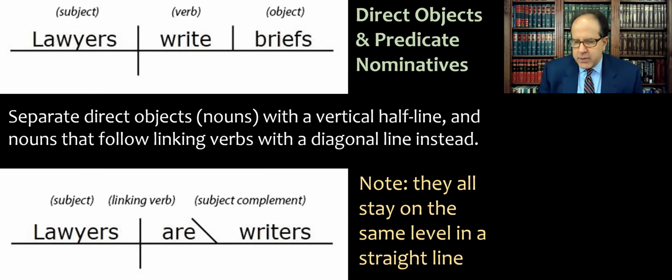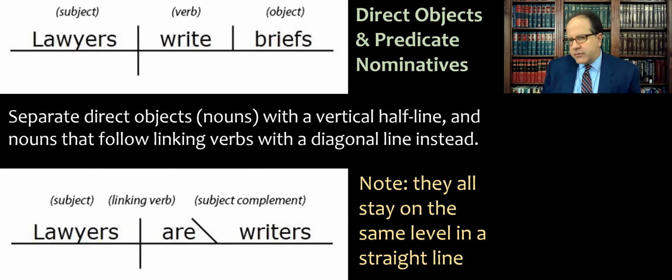Now, sometimes we have things that are not really a separate entity from the subject of the sentence itself, and instead we're trying to say that lawyers are something, like lawyers are writers, or you could say lawyers are advocates, right? And lawyers are professionals. That is a logical sentence in English.